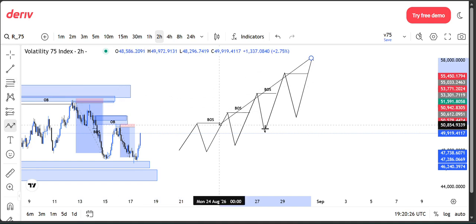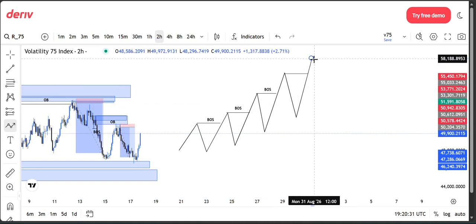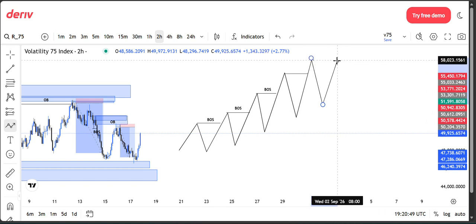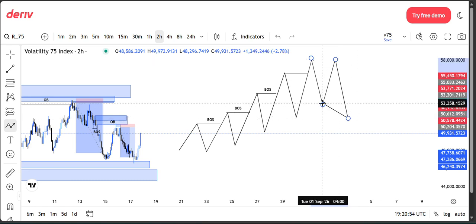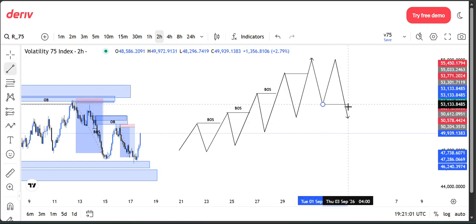If we have this retracement, instead of price coming to create a new high above this high, which would have shown a continuation, we see that price is unable to break this high, and then we have something like this. So we can call this a change of character.